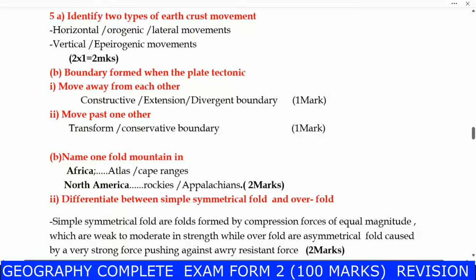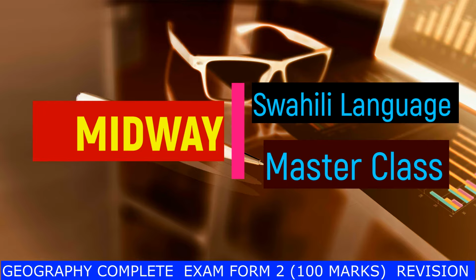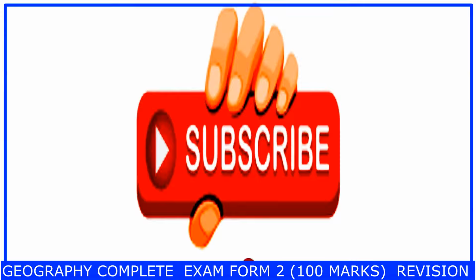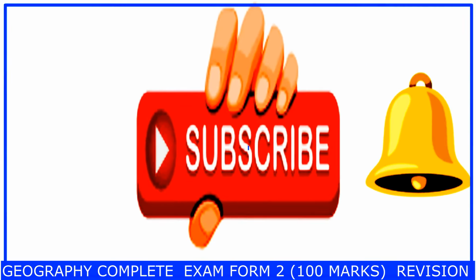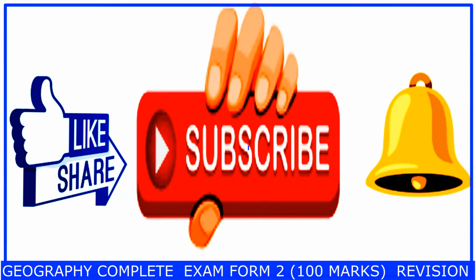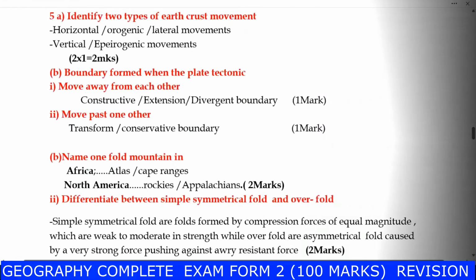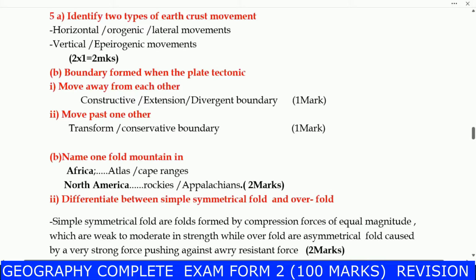Number 5, identify 2 types of earth crust movement: horizontal, then vertical. Next, boundaries formed when the plate tectonics move away from each other.